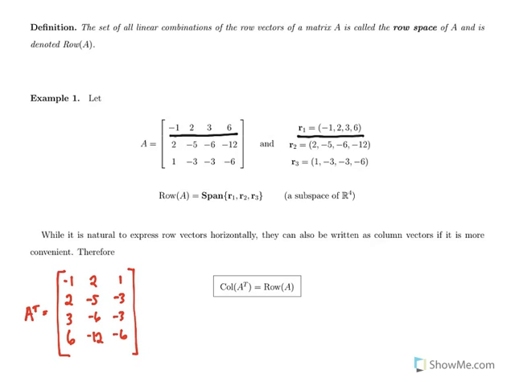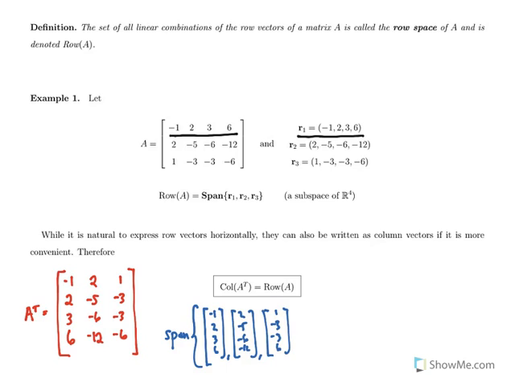So instead of talking about the row space of A, we could equivalently talk about the column space of A transpose, noting in this example that the span of those three vectors written in a vertical form gives us the column space of A transpose.